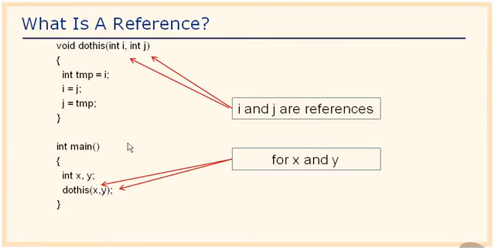Now we're talking about the same thing. When you change i, you've changed x, and when you change j, you've changed y. So that's what a reference is, and that's the best way to think about them. Now it can get a little bit more complex when we're talking about different types and objects in C++, but if you can get that, you've got it.